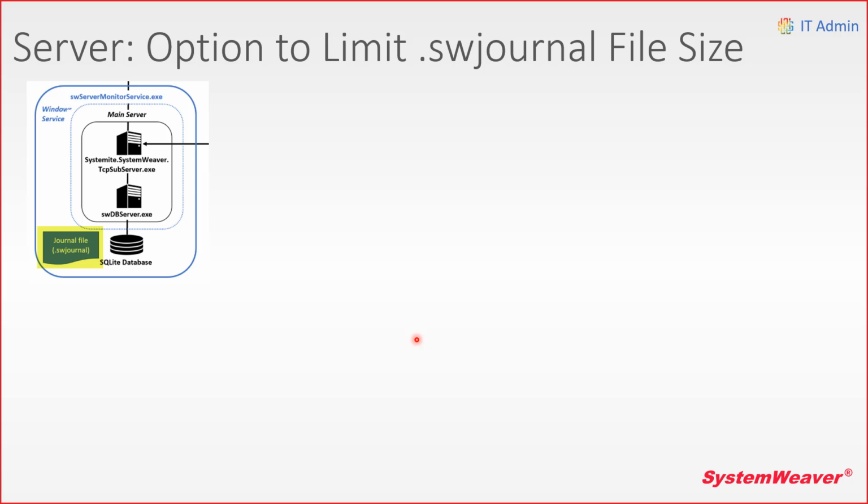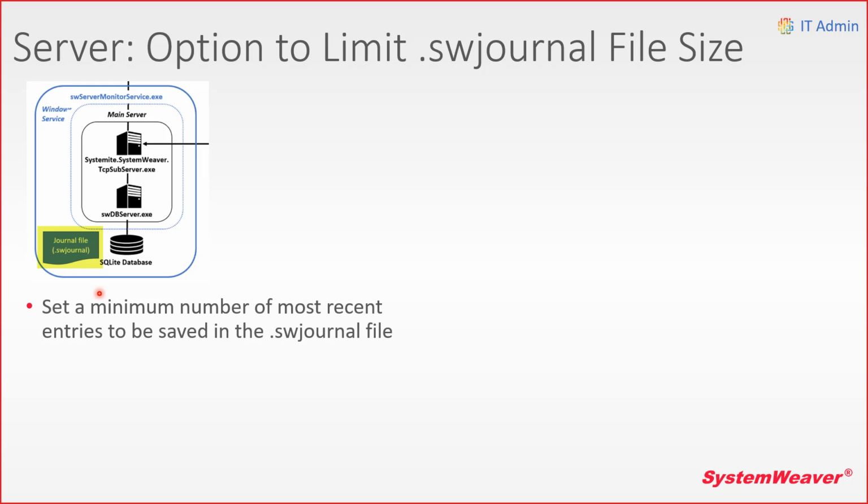We implemented an option to limit the size of the SV journal file, and again, this has to do with our mirror server solution. So if you're not using it, you can just disregard. But on the main server, you have a journal file, and with R37, you can set the minimum number of most recent entries to be saved in that file.